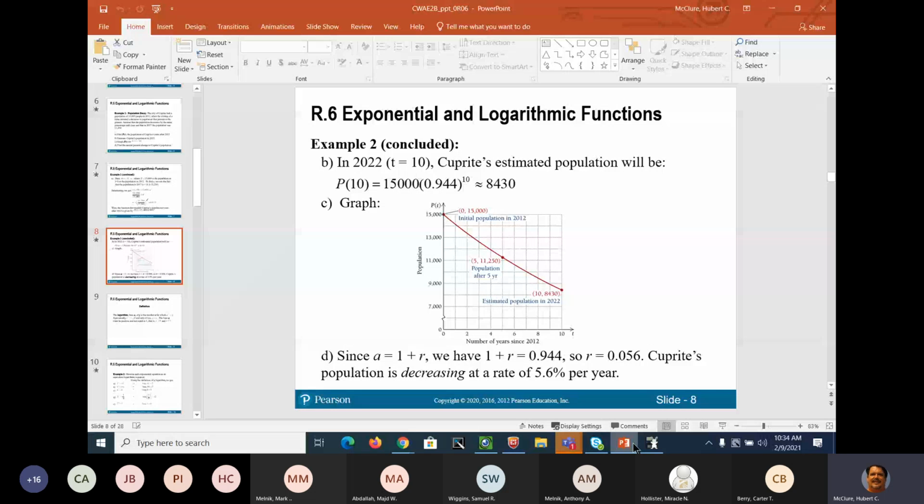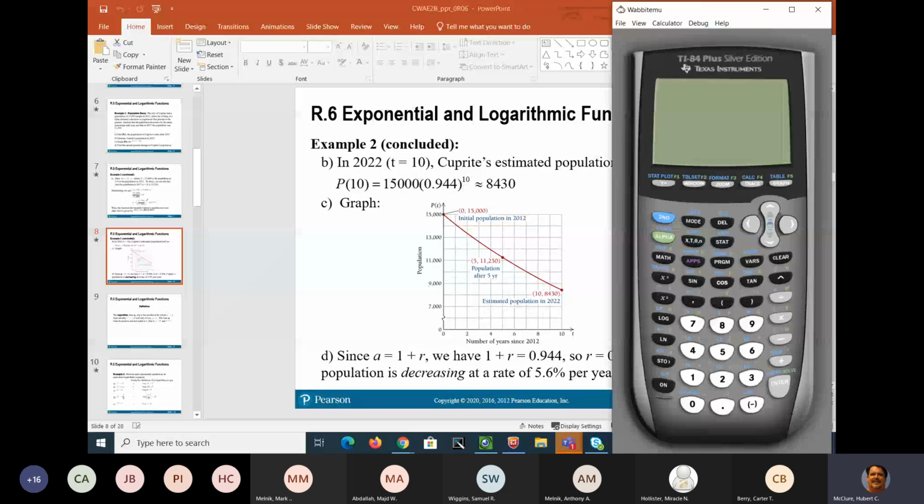So I'm going to graph our equation. Y is equal, I got to turn it on first. Y is equal to 15,000 times 0.944 to the x. Excuse me for a second.